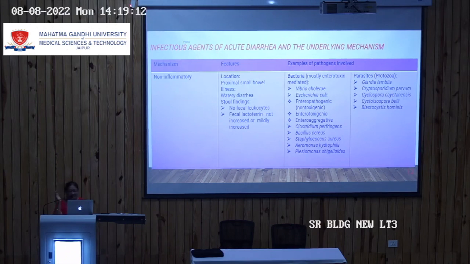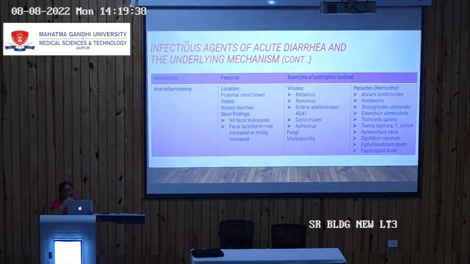The illness is watery diarrhea. Then the bacteria most commonly are Vibrio cholerae, Escherichia coli, Clostridium, Bacillus, Staphylococcus, etc. And there are some parasites which also cause non-inflammatory diarrhea. Blastocystis hominis is one of the important ones. Giardia may also cause dysentery.